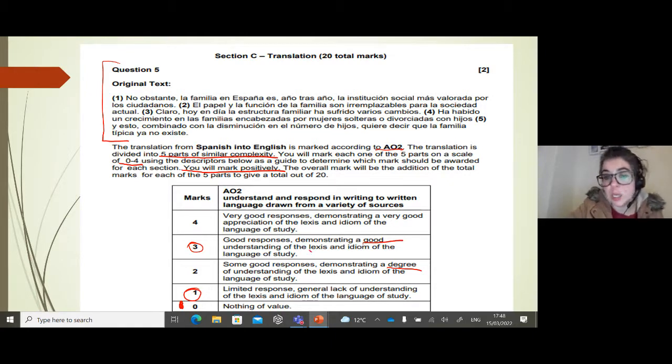So that is your vocabulary as well as the structures. And then for number 4, you got very good responses where you show a very good understanding and appreciation of the vocabulary and the idioms of the Spanish text.